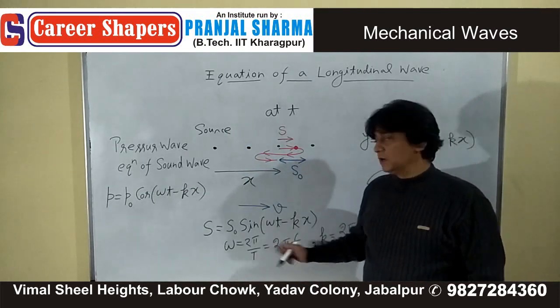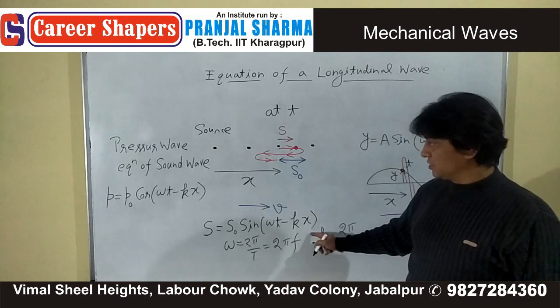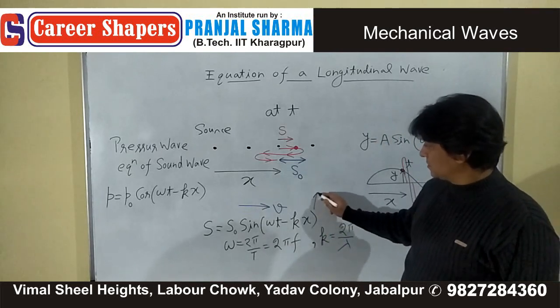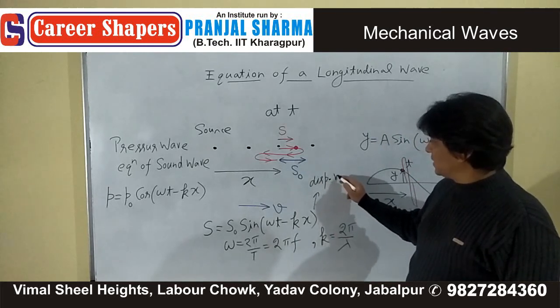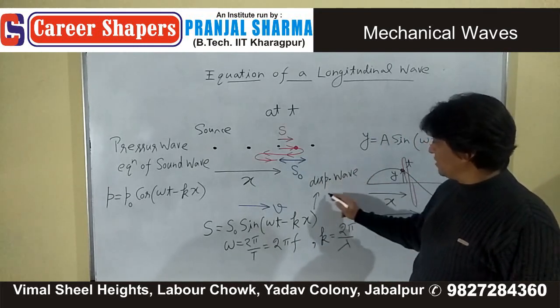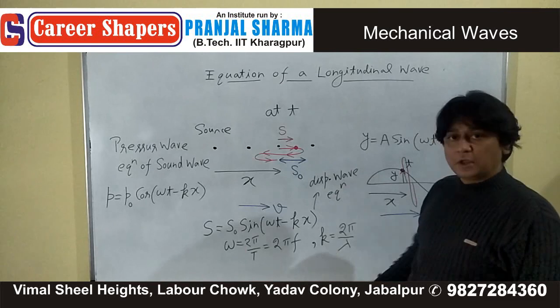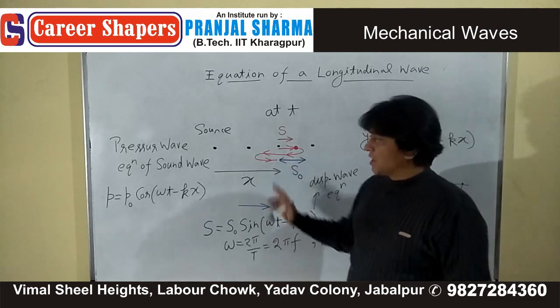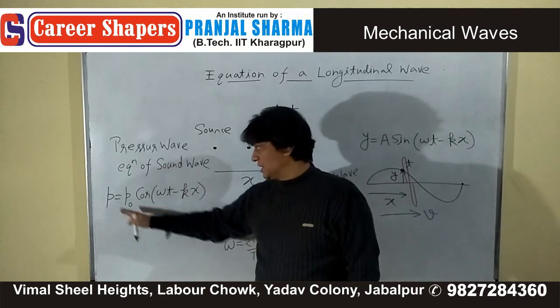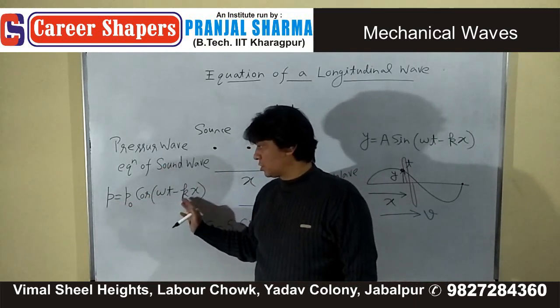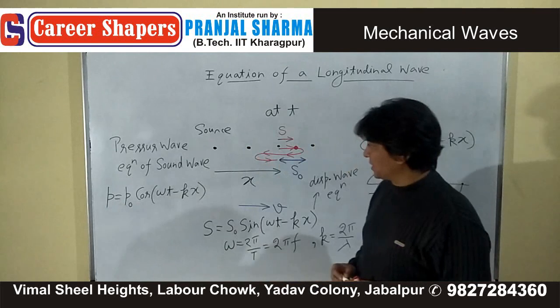This is the displacement wave equation. The same thing, when represented in terms of pressure, is given by P equals P naught cos omega t minus kx.